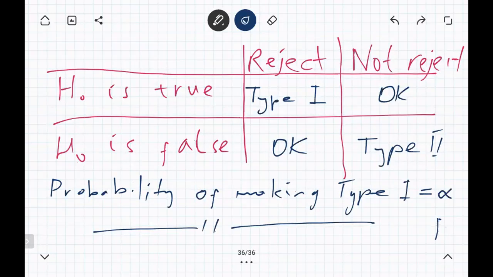As far as I know, it does not have a separate name, and people usually just call it beta level. So you have your alpha, which is the level of significance, the probability of not believing the truth. And there is beta, which is the probability of believing a lie. Both of those things are errors.